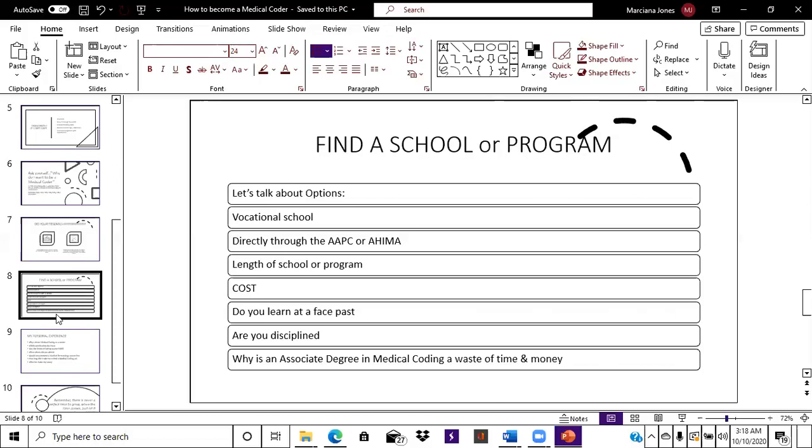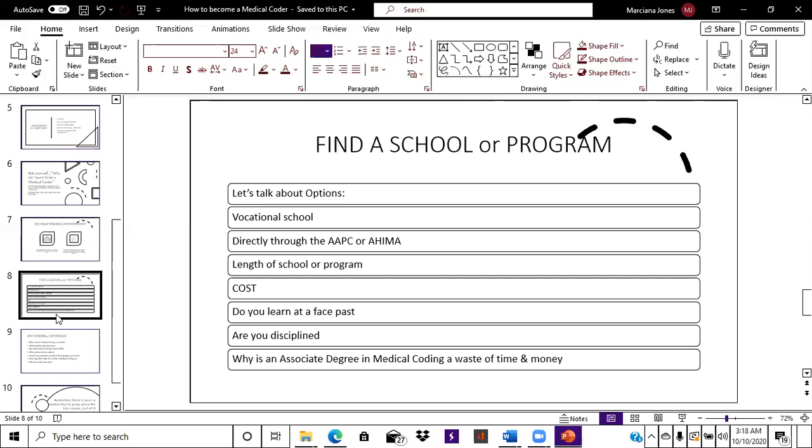So you can go to vocational schools, just like I mentioned, or trade schools, and take 9 months, 6 months, 18 months, or you can go directly through the AAPC. If you go directly through the AAPC, the course is only 16 weeks. That means in 4 months, you will be completing the medical coding course and getting ready to prepare for your exam.